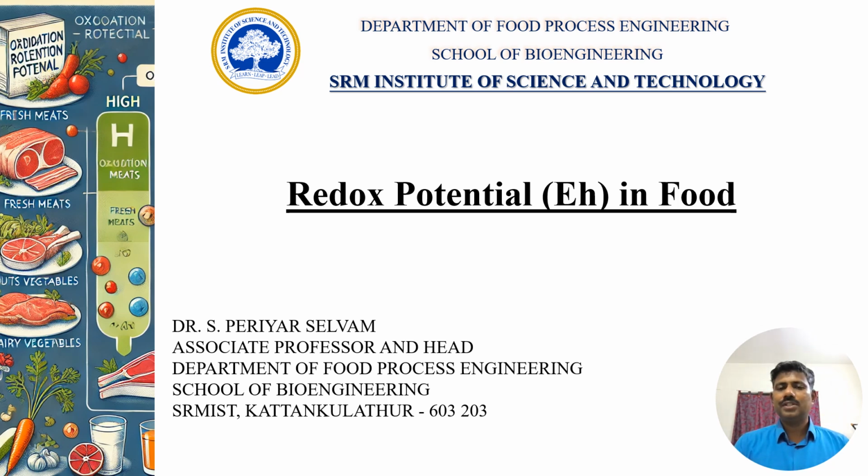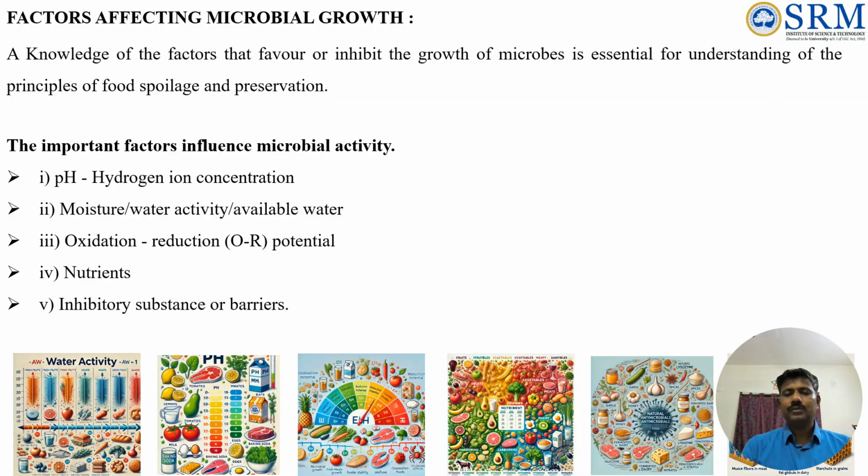In the current session, I will brief about the importance of redox potential in food for the growth of microorganisms. The factors responsible for the growth of microorganisms are majorly classified into two types: one is internal factor, another one is external factor.